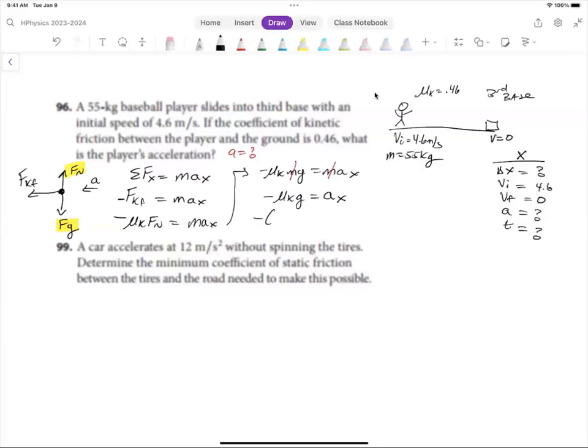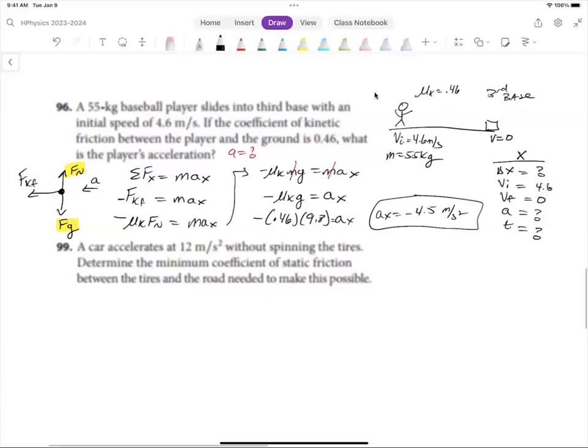Negative 0.46 times 9.8. And that will give me a sub x equals negative 4.5 meters per second squared. Does it make sense that it's negative? Yes, because it is slowing down. Okay.